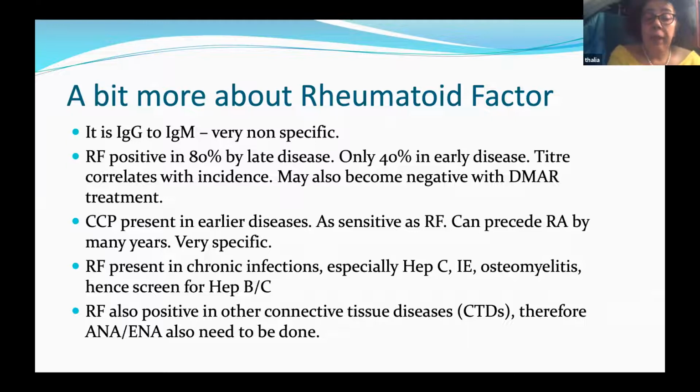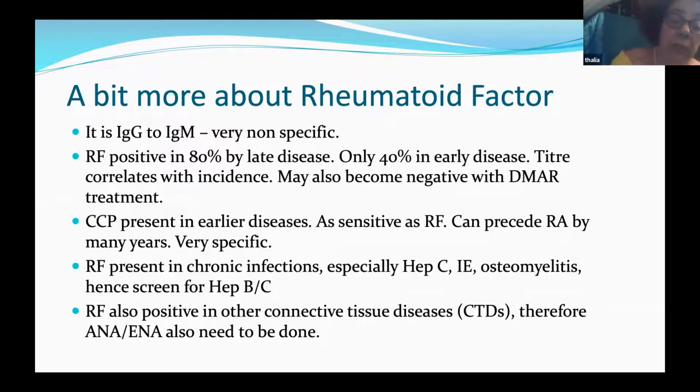And he then thought that we check for hepatitis B and C for rheumatoid factor, but it's not only that. We do check for hepatitis B and C because we want to make sure that people are not infected, as most of our drugs, nearly all of our drugs, are hepatotoxic. Rheumatoid factor can be seen in other connective tissue diseases.